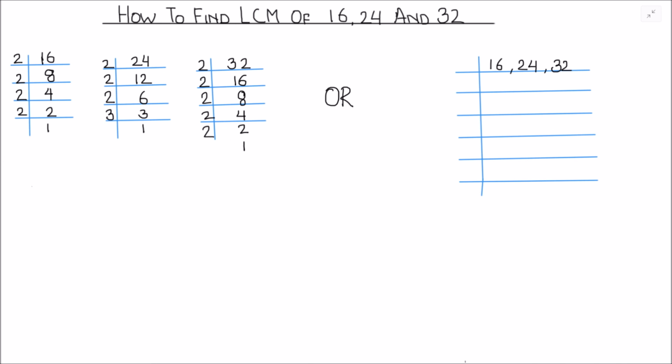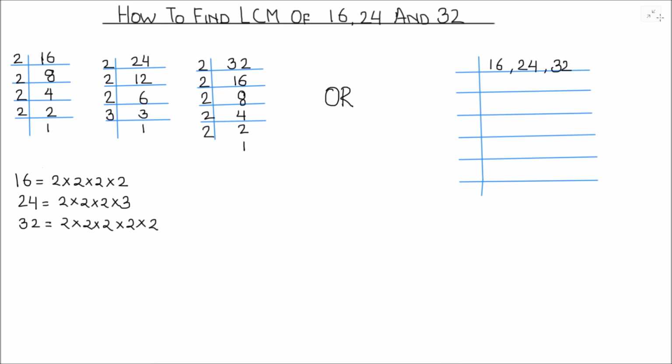So now we are going to write the numbers as the product of their factors. 16 is equal to 2 times 2 times 2 times 2. 24 is equal to 2 times 2 times 2 times 3 and 32 is equal to 2 times 2 times 2 times 2 times 2.